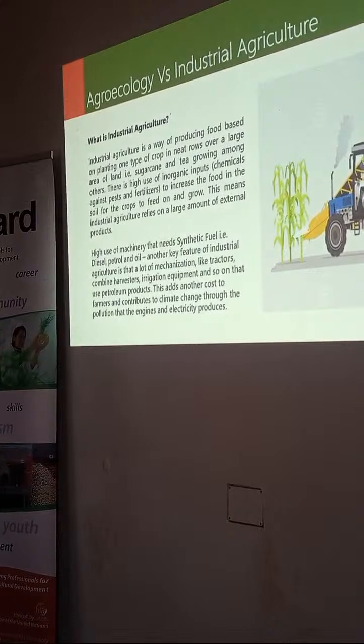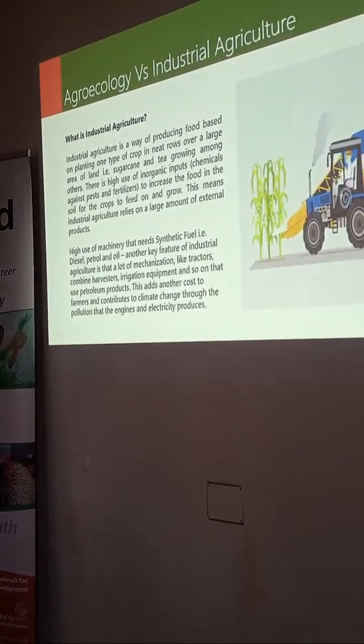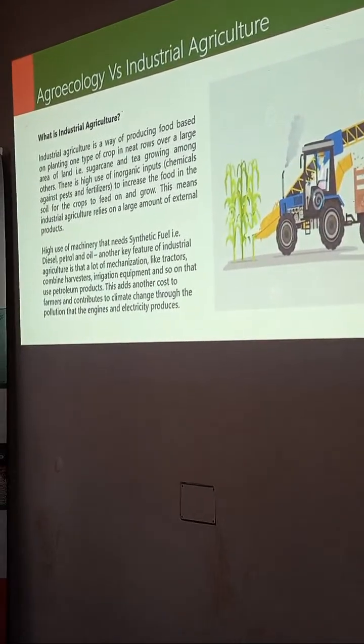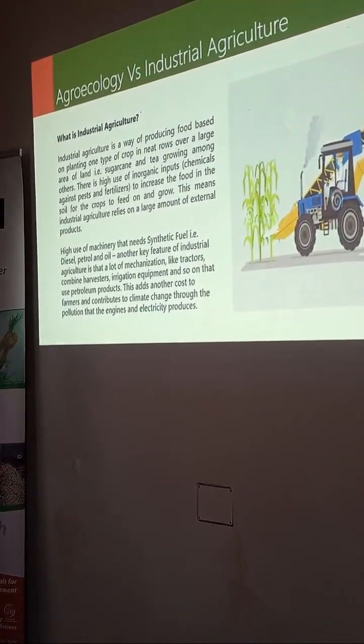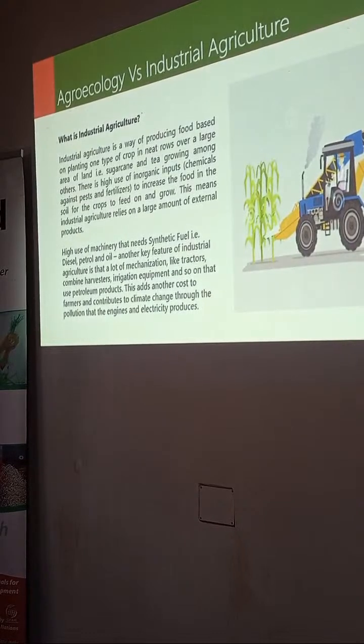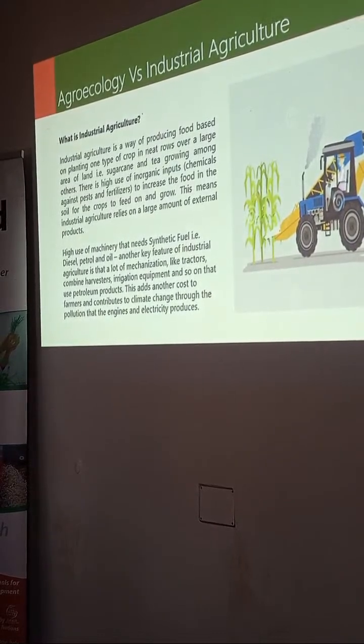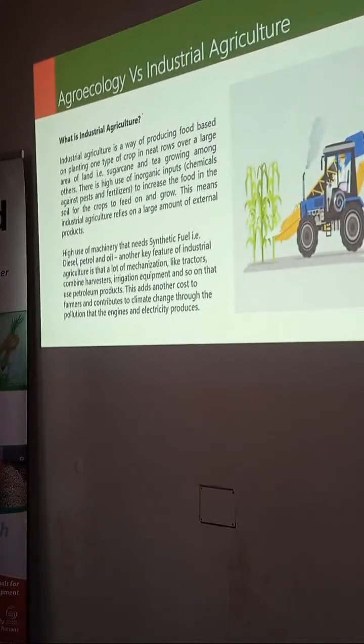So now people need to boost production, and that's when they introduce these external products into the farm. Industrial agriculture also involves the use of machinery, and most of the time the machinery that is more effective is machinery that needs fuel. And what is fuel doing to the environment? There is a lot of pollution happening.